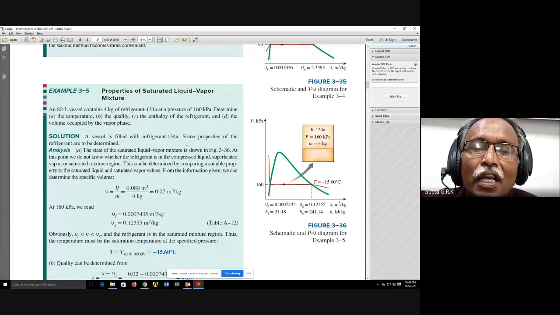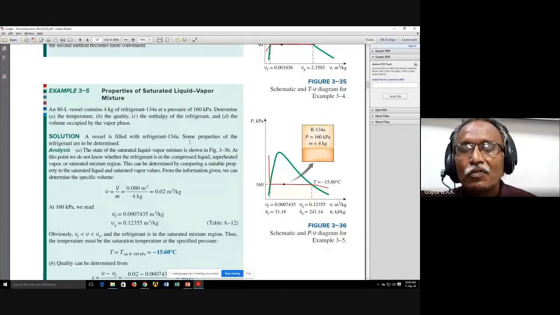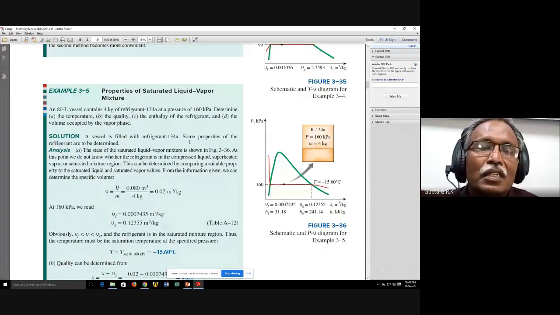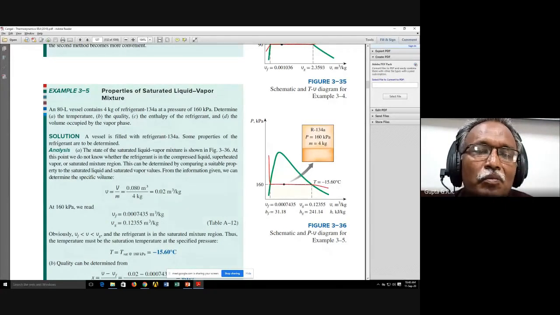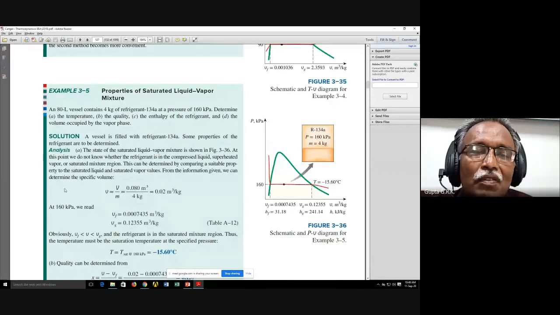And so first of all, I have to know the state of the substance, whether it is compressed liquid or saturated or superheated. We know that as we increase the pressure, the specific volume changes continuously, so I have to check the state. At this point, we do not know whether the refrigerant is compressed liquid, superheated, or saturated. This can be determined by comparing with suitable property values of the saturated liquid and saturated vapor. From the information given, we can determine v.